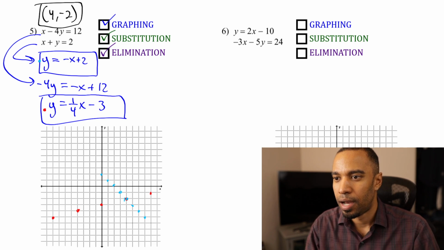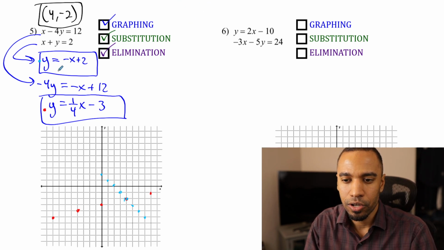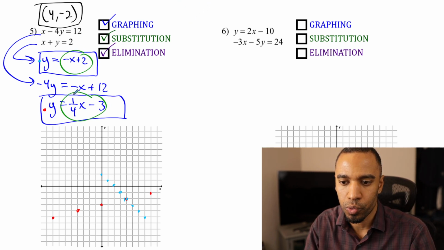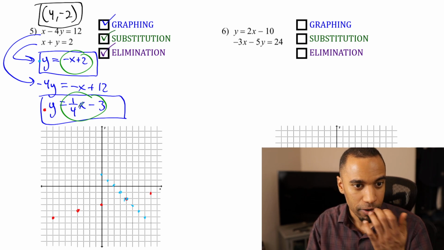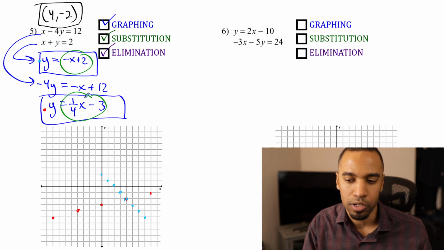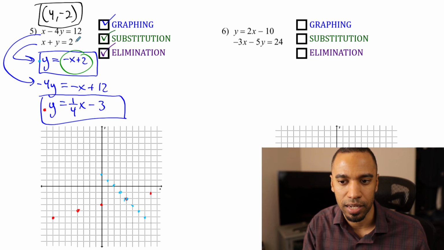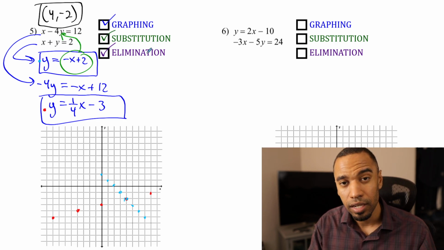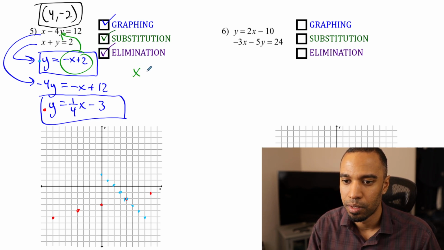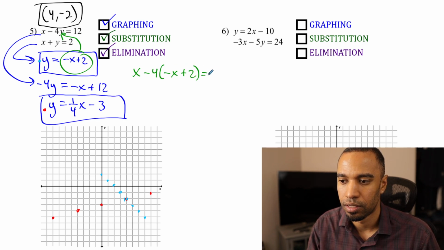Substitution method. Like I said, I could just set these 2 expressions equal to each other, because if y equals this and y equals that, then I set them equal. If I want to avoid using the fraction though, I'm just going to look at this one that I isolated, and substitute that in for y into this equation right there. Gets me to the same set that I had, but I don't deal with any fractions along the way.